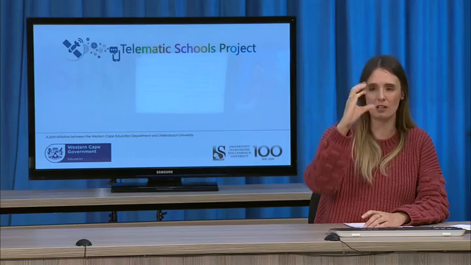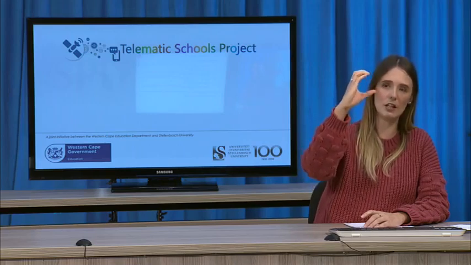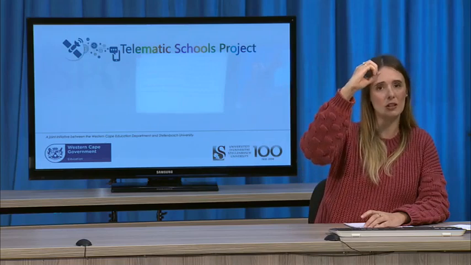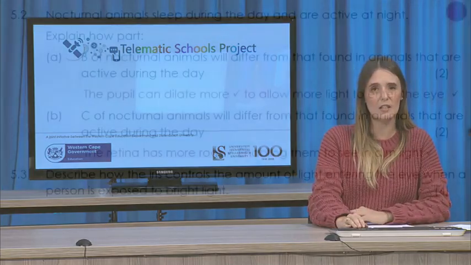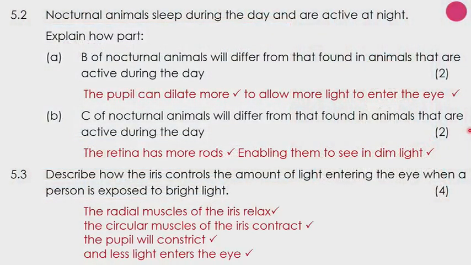It has to constrict. And if you do this with your hand, you're making a circle. So circular muscles have to contract and radial muscles have to relax. So let's look at the answer here. Just like Yolandi explained it, radial muscles of the iris relax, circular muscles of the iris contract, the pupil becomes smaller, so you constrict it, and then less light will enter the eye.